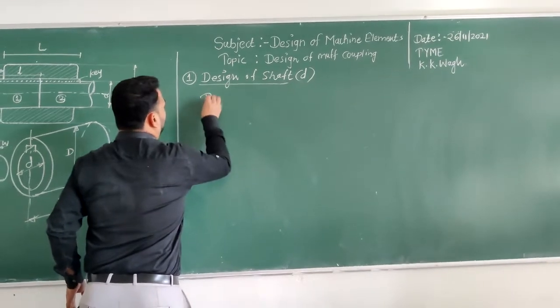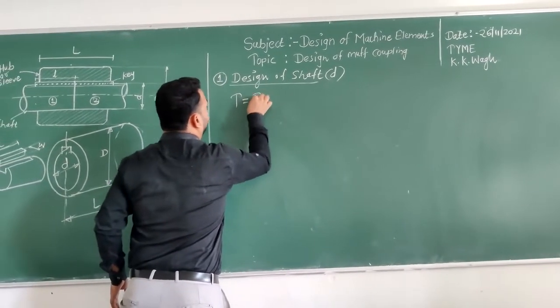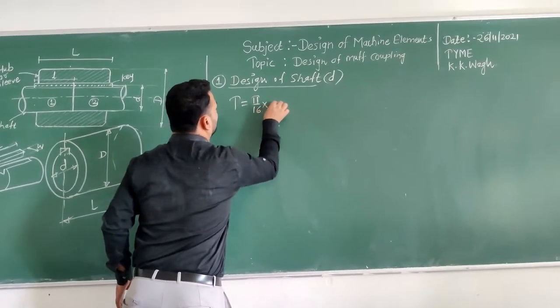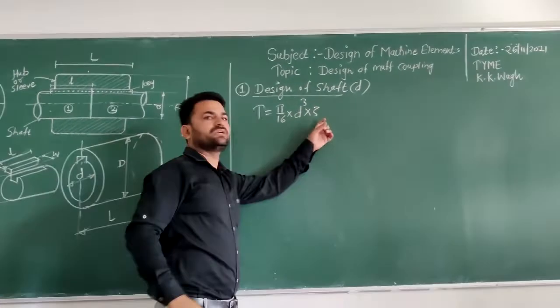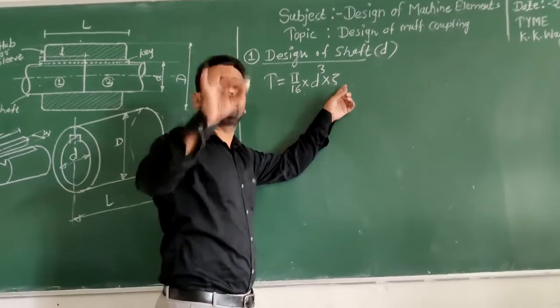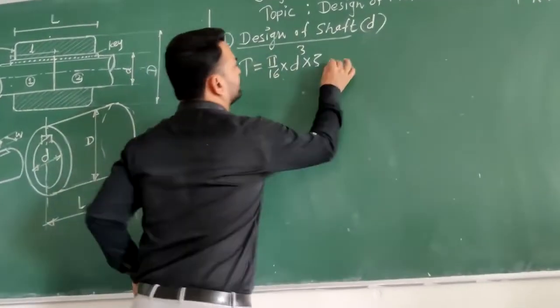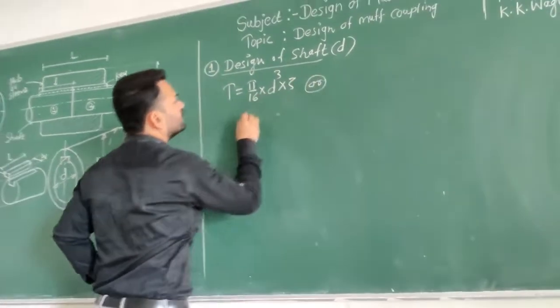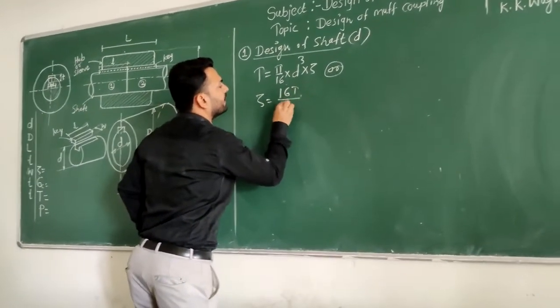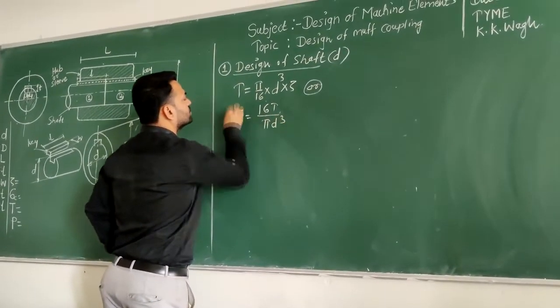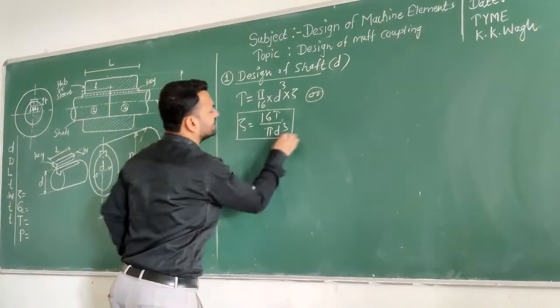As we know, the formula for torque transmitted by the shaft is T equal to pi by 16 into d cubed into shear stress. Or you can write the same equation as shear stress equal to 16T divided by pi d cubed. This is the formula for designing of the shaft.